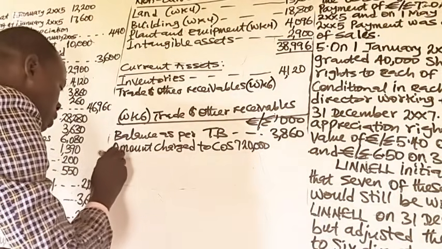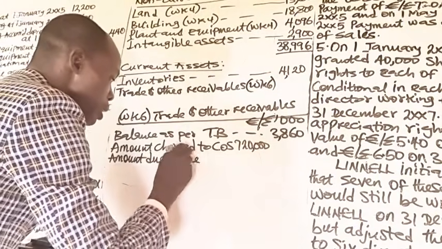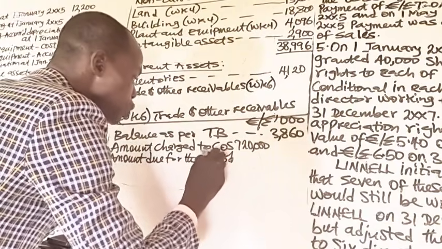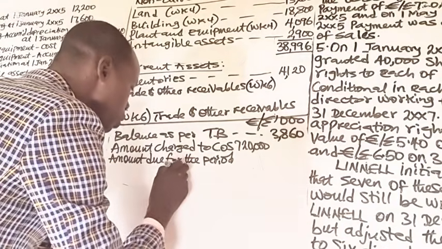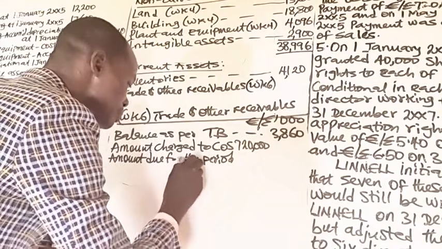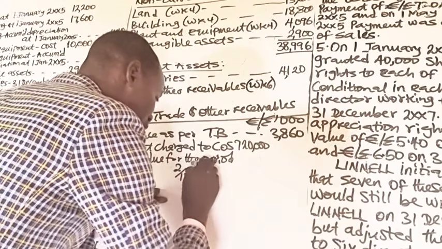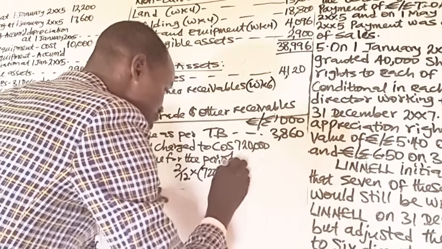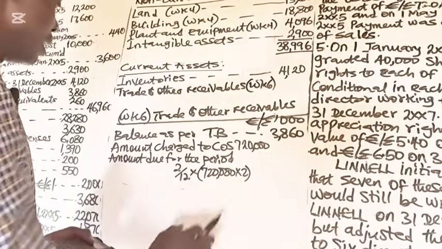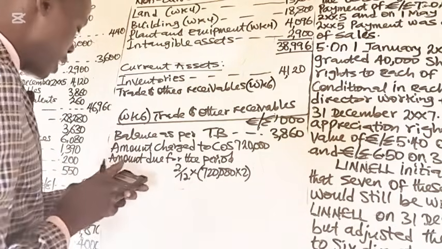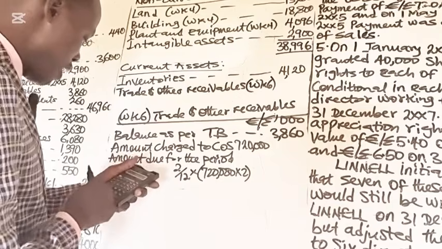Amount due for the period. Remember, I've told you only 2 months were due, the one for November and December. 2 out of 12 months times the lease payment, 720,000 times 2, since one payment was made in November and the other one in May, 720,000 each, giving you 1,440,000. 1,440,000 times 2 divided by 12.